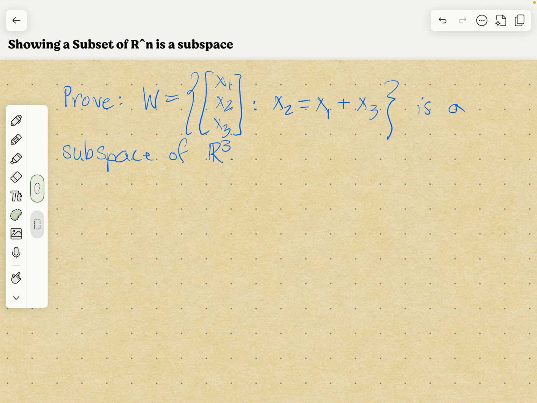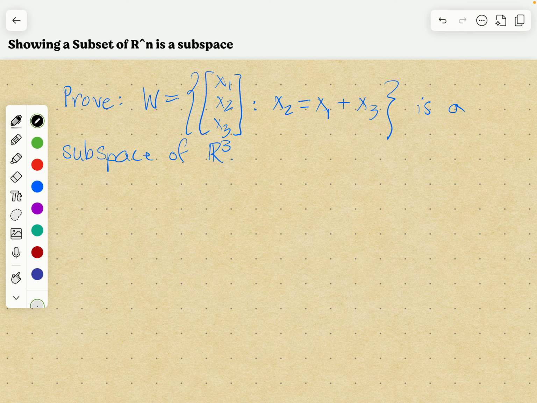And we want to show that the set W is a subspace of R3. Different books have different but equivalent axioms for what makes something a subspace, but by definition, a subspace of R3 is a subset of R3 that's non-empty and that's closed under addition and scalar multiplication.